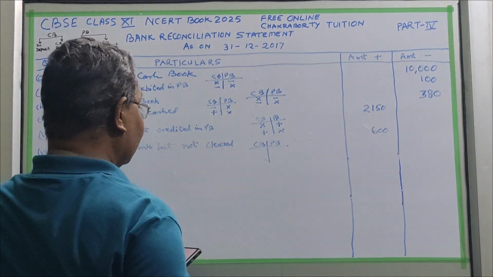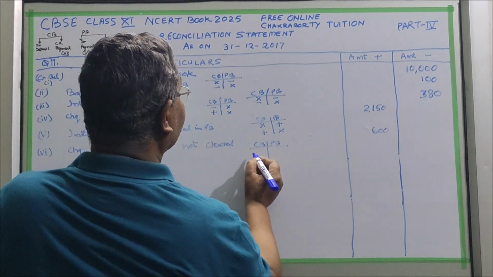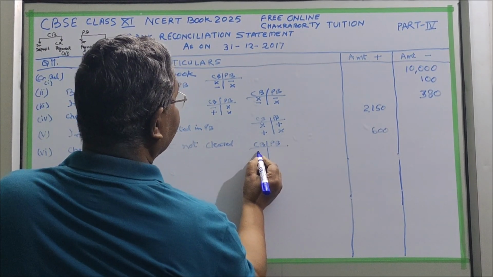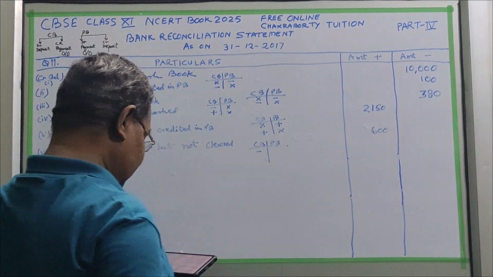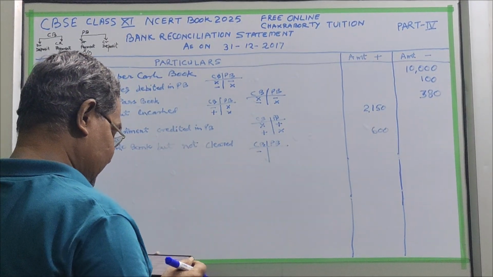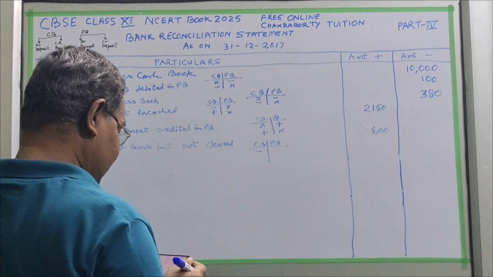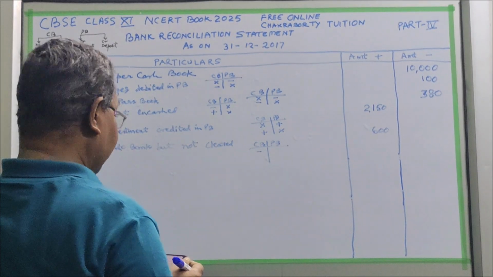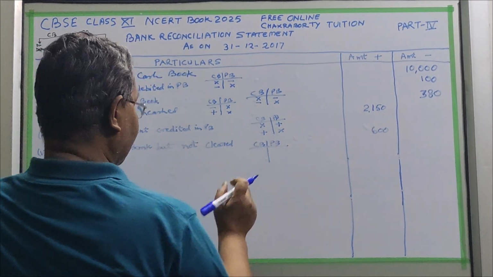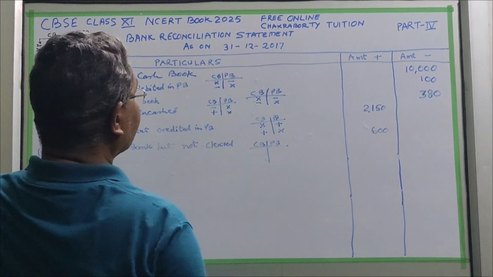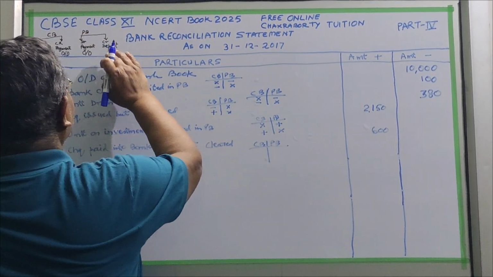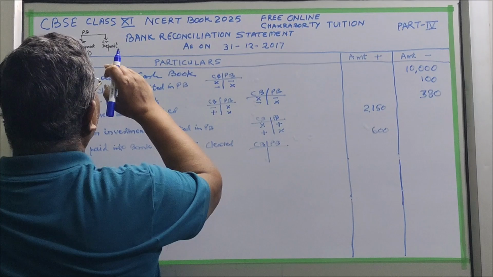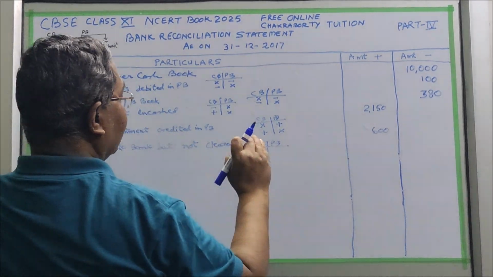When the checks were paid into the bank, the businessman will reduce his OD. The businessman will reduce his overdraft. Paid into bank but not cleared. So the businessman has deposited these checks, so he has to reduce his overdraft position.